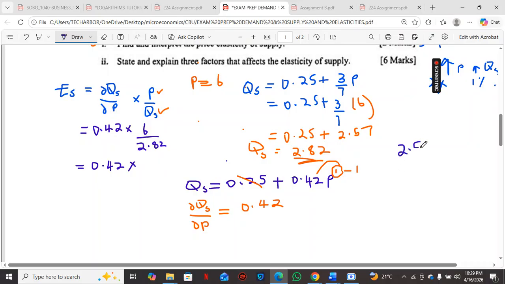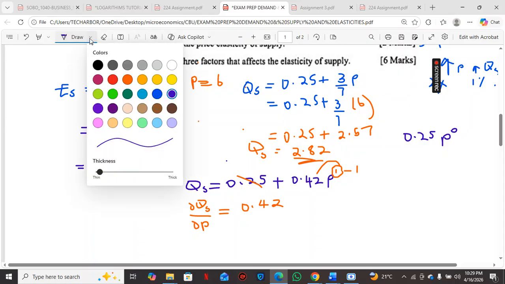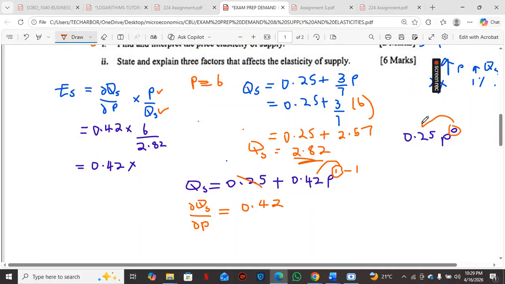Think of it like this: 0.25 p to the power 0. Since it's got no letter here, and the letter we're dealing with is p, it's the same as 0.25 p to the power 0. So if you derive, you multiply the exponent 0 times 0.25, that is 0.